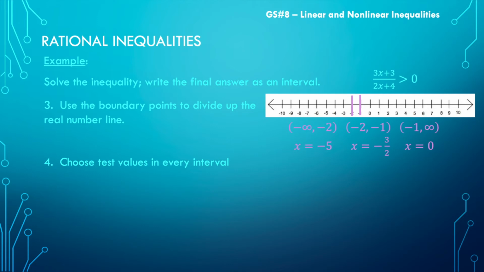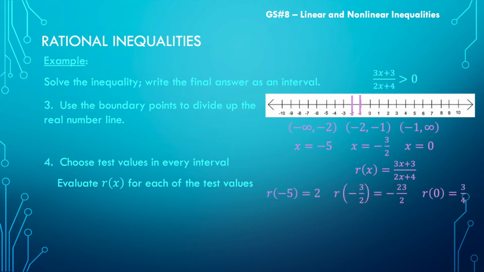Okay, so if I use test values here, I'm going to evaluate that r of x for each of those x values. So subbing those in, I get r of -5 is 2, r of negative 3 halves is negative 23 halves, and r of 0 is 3/4.